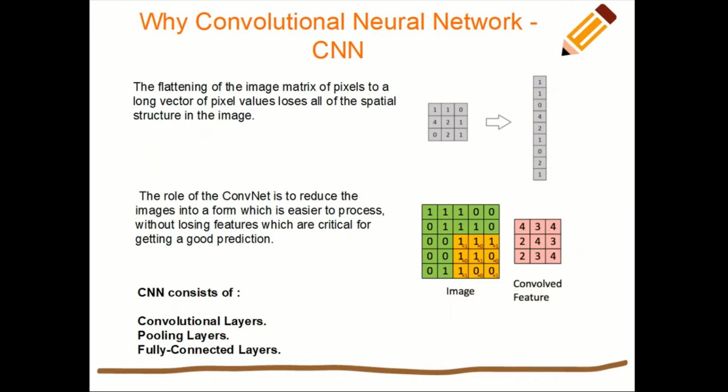So the role of the convolutional neural network is to reduce the image into a form that is easier to process without losing features. For example, if this is the two-dimensional image that we are talking about, and this is the convolutional filter that we are using, then this filter is going to be scanned over this whole image, and we are going to get a set of activations, which are abstract high level features of that particular image, also called convolved features, right?